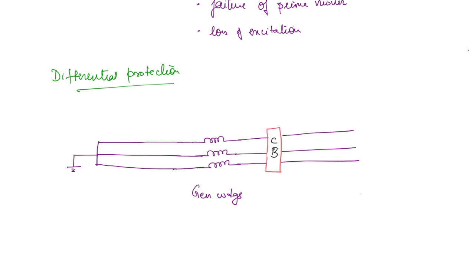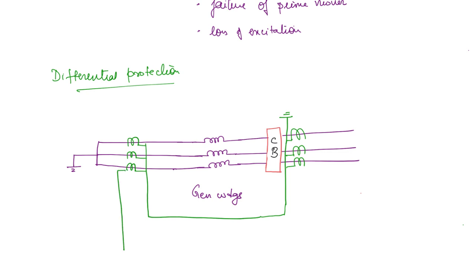Now how do we give the differential protection? There are going to be 3 CTs on either side. These CTs are also going to be star connected. For a star connected generator, the CTs on either side also will be star connected and the neutral will be grounded. Now these other ends are going to be connected like this.